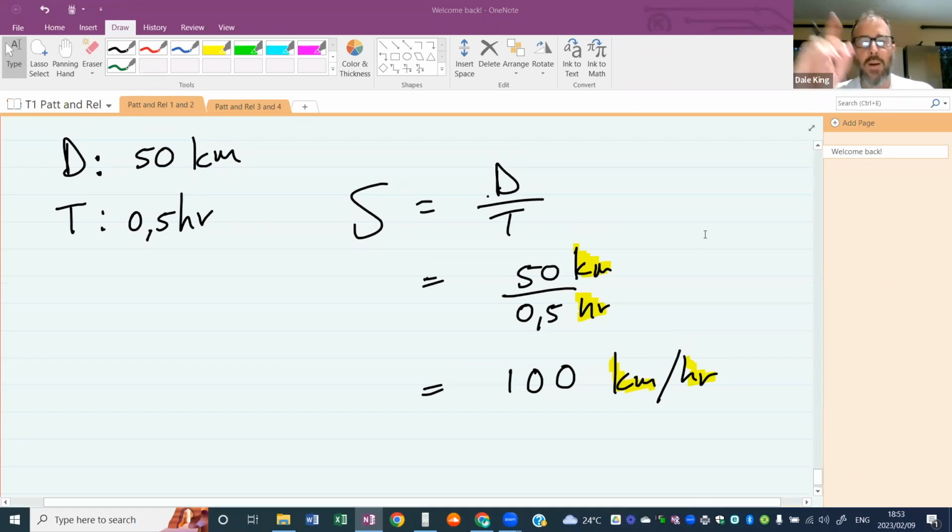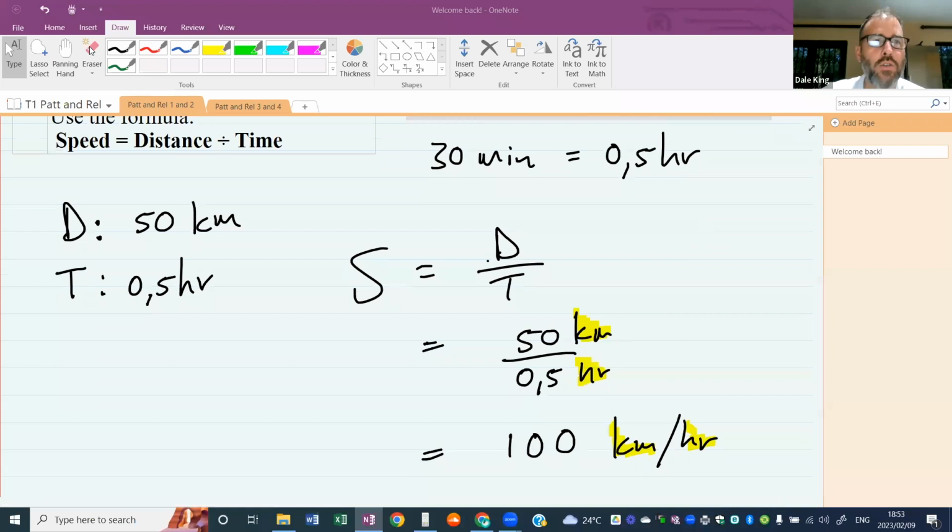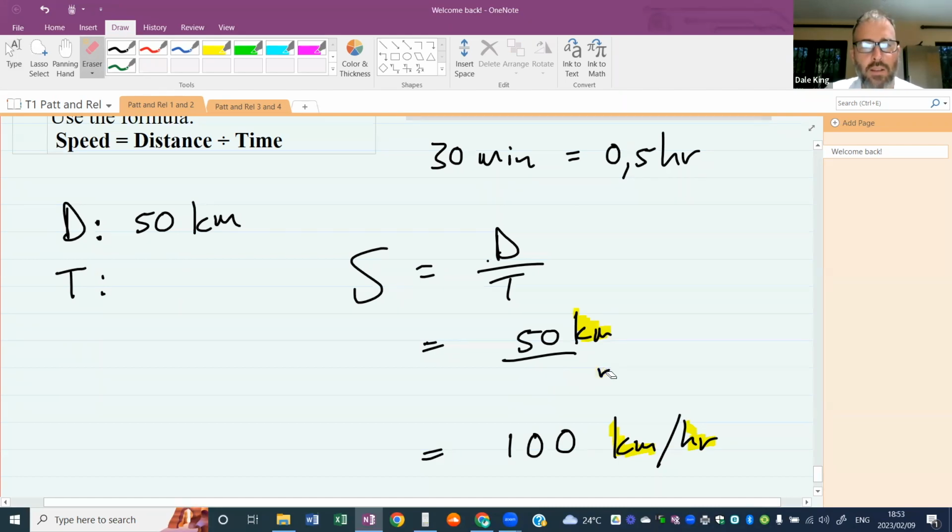All right. Now, before I move on, I want to quickly do this, okay? What if you guys used minutes instead of the hours? That's fine. You can do that. If you use minutes instead of hours, you will use 30 minutes in your formula. So I'll write there 30 minutes in my formula.